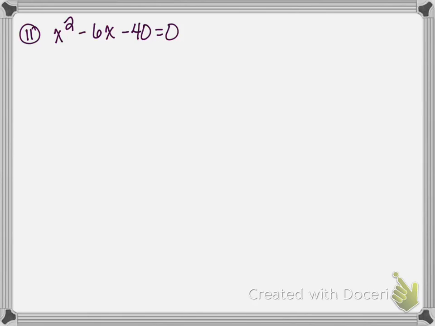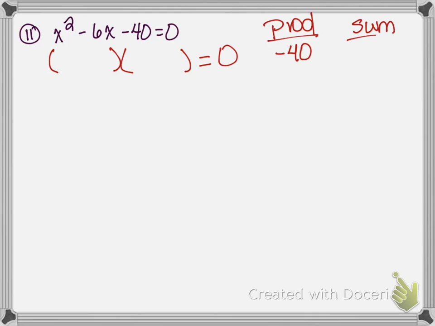We have an A value of 1, so this one factors relatively straightforward. I've got a product that's negative 40, and my sum is negative 6. So I'm looking for one positive and one negative number.